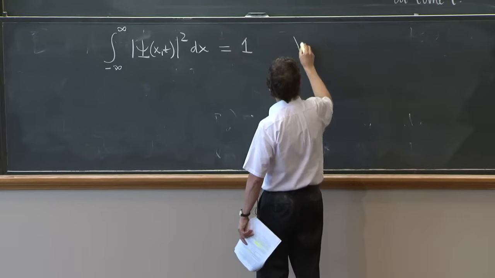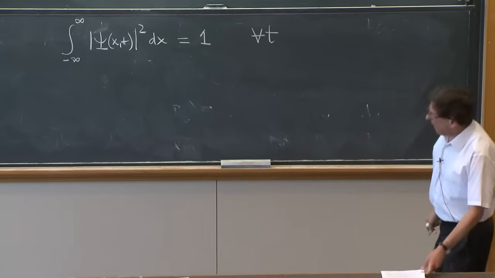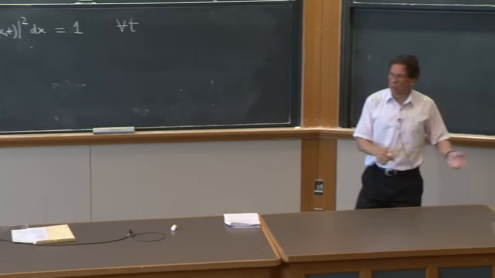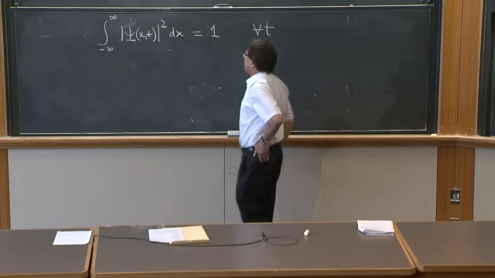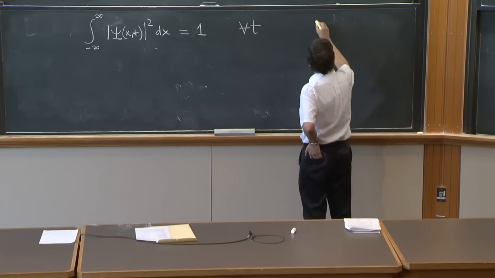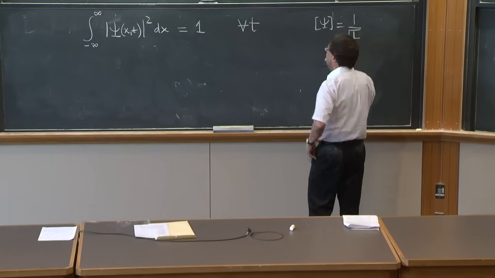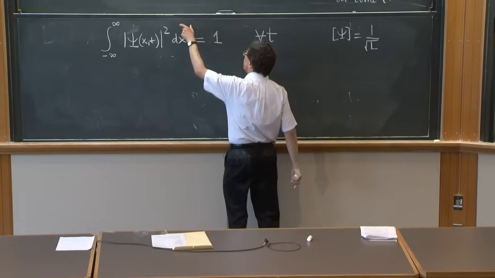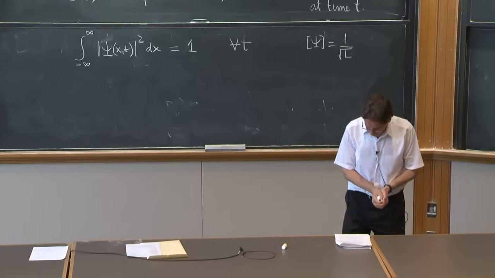And this must hold for all times. One thing you can notice is the units of psi. The units of psi must be 1 over square root of length, because when we square it and multiply by length, we get 1, which has no units.